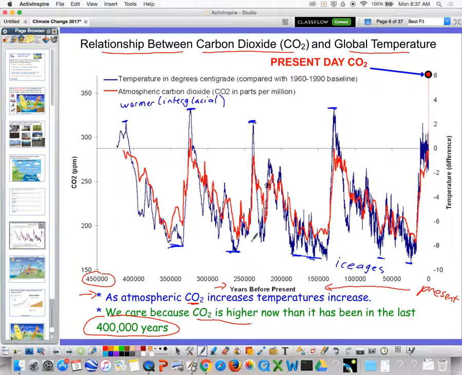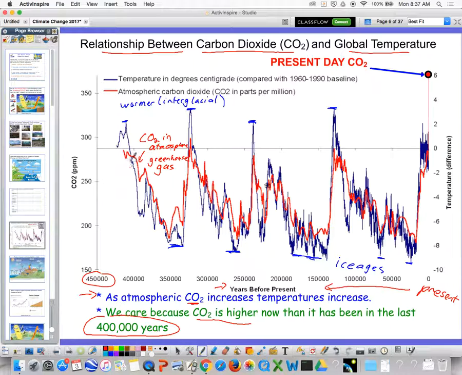If you look at the graph, you'll notice the blue and the red seem to line up. The red line is the amount of carbon dioxide in the atmosphere. CO2 is a greenhouse gas that traps heat, and it's one of the chief greenhouse gases that we're going to be talking about.